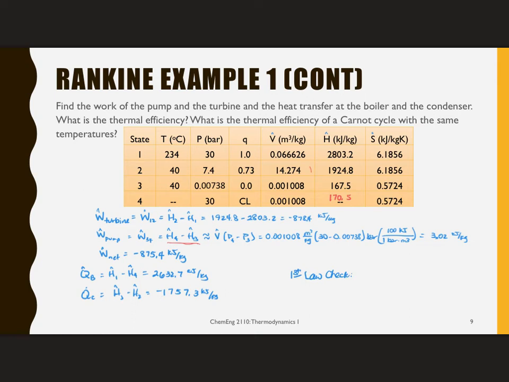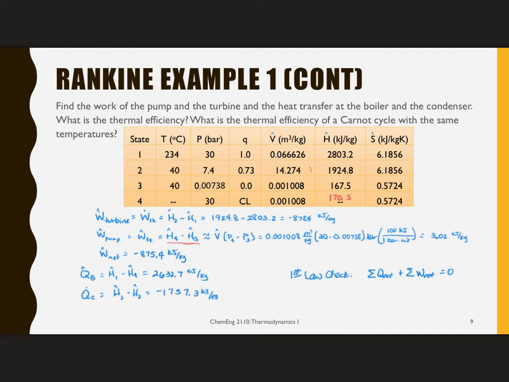Now, I recommend doing a first law check at this point. This should always be true, but this is just a way of verifying. And that is the sum of your Q net plus the sum of work net needs to equal 0 for a cycle.